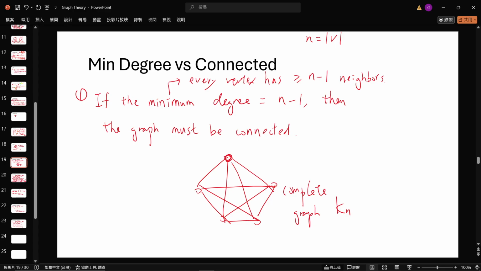The shortest distance is defined as how many edges you need to reach the other vertex. So for this graph, the shortest distance between any two vertices is 1.